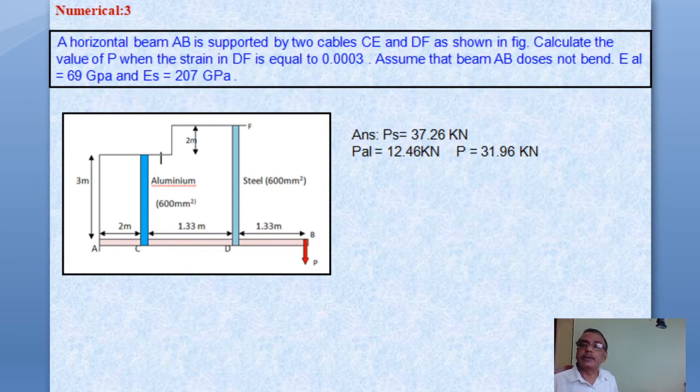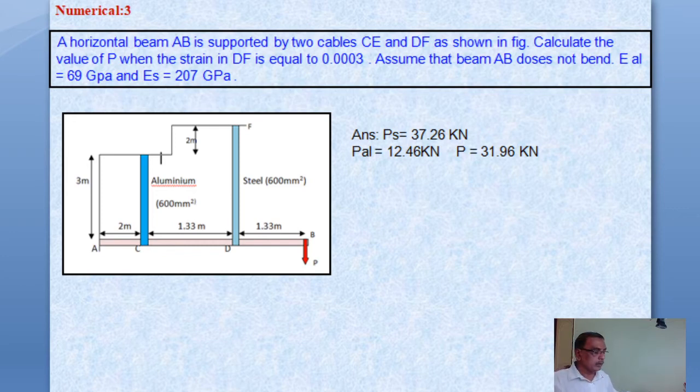Now observe this figure. Two bars are rigidly fixed, one made from aluminium, another made from steel, both having the same cross sectional area, that is 600 mm square. The strain induced in bar DF is given, and the condition is that the beam should not bend. In that case, we have to calculate the value of P.